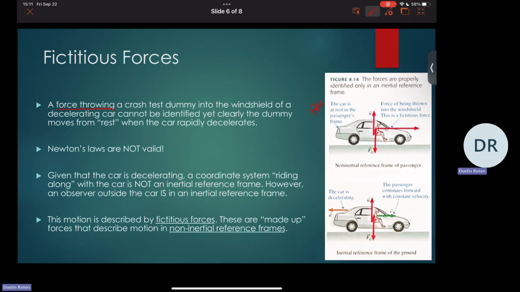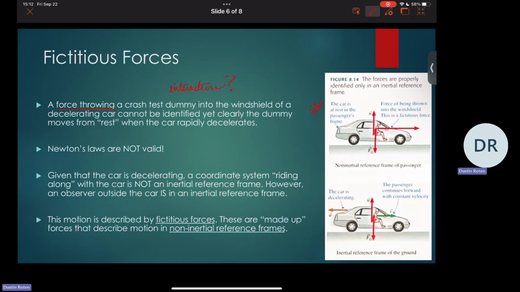But remember, forces are action-reaction pairs, so there's an interaction. But really, you can't identify an interaction between the dummy and something else. So it looks like there's a force there, but you can't identify the action-reaction pair.